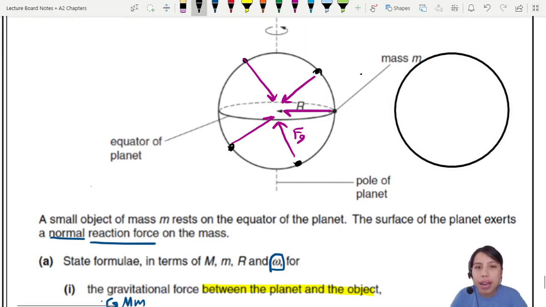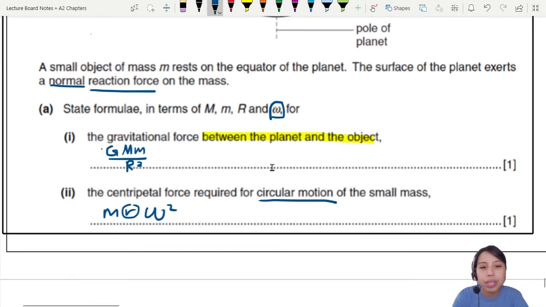If I am at the equator here, I am going to rotate in this direction around the planet. So my orbit radius r is going to be from here to here. That's R. So if you're at the equator, both R's are the same. Let's write it down first. Instead of small r, I'm going to write big R omega squared. So this one is 2 marks.